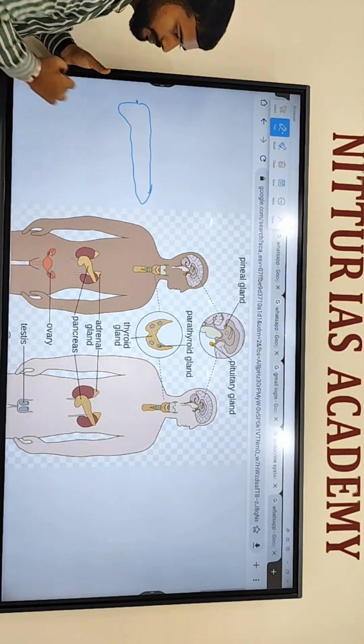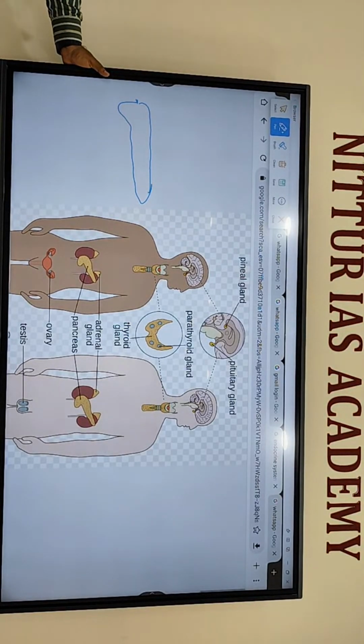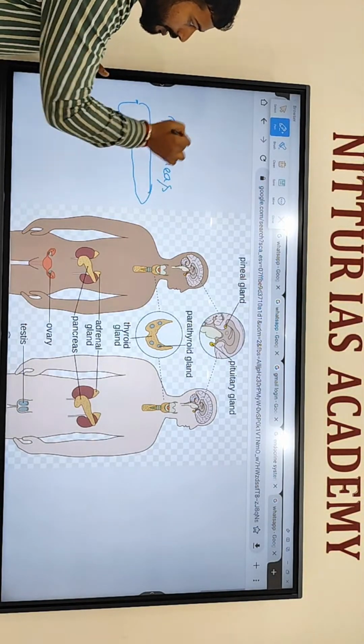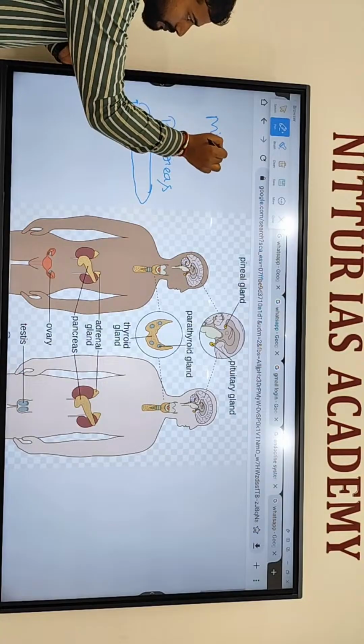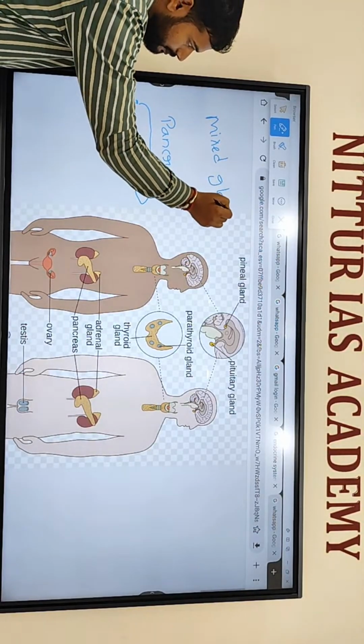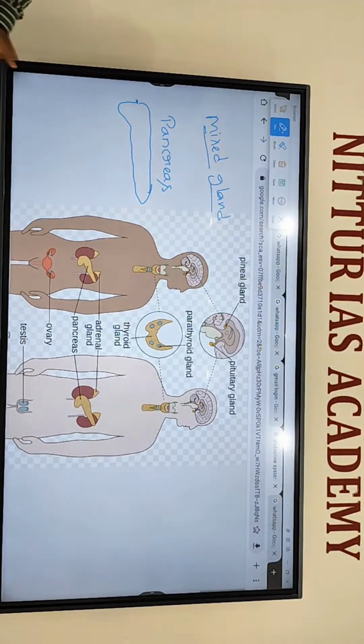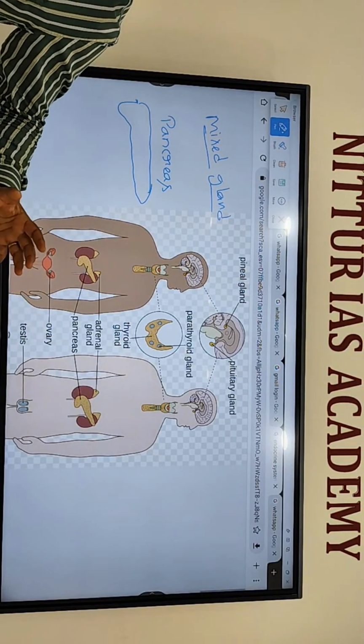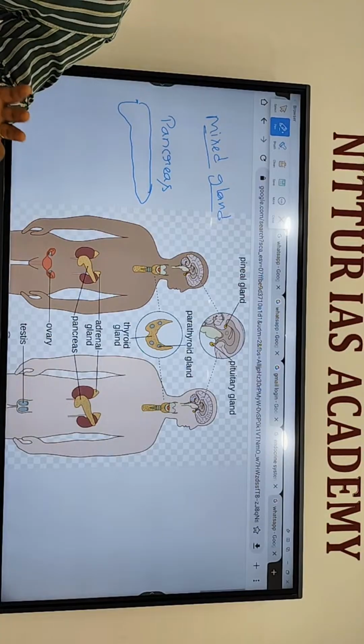Then the pancreas is called a mixed gland. Why mixed gland? During the time of digestion, the pancreas functions as an exocrine gland.